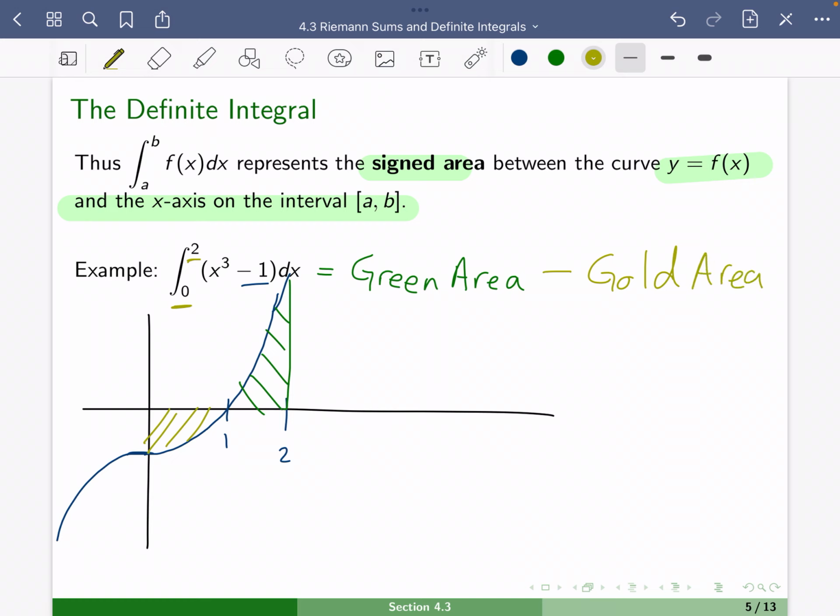Right? Because that gold area is going to ultimately be negative. So if you're thinking of this as an area, a positive value, then you're subtracting that positive area, or you're adding that negative area, however you want to think about that. So we have a negative area down here. Up here above the x-axis, that's positive. Perfect. So that is our definite integral.